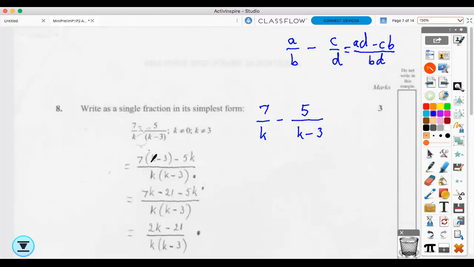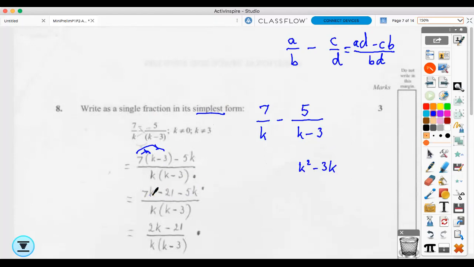That means you get 7 times k minus 3 minus 5 times k, divided by k times k minus 3. So you didn't need to expand k squared minus 3k. You don't have to. You didn't lose the mark either. But then you need to expand this one because it says to give it in its simplest form. So 7 times k, 7k. Then 7 times negative 3 is negative 21. And this is where you need to group the like terms.